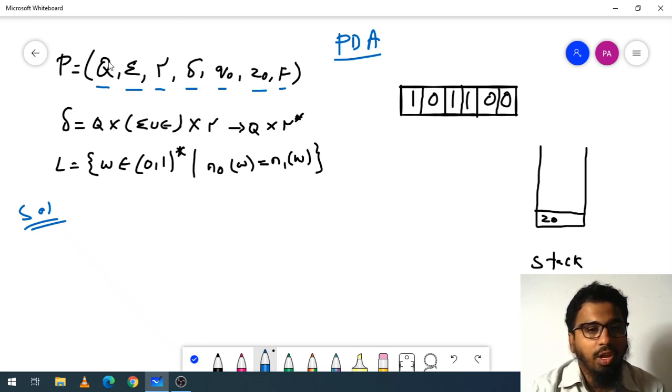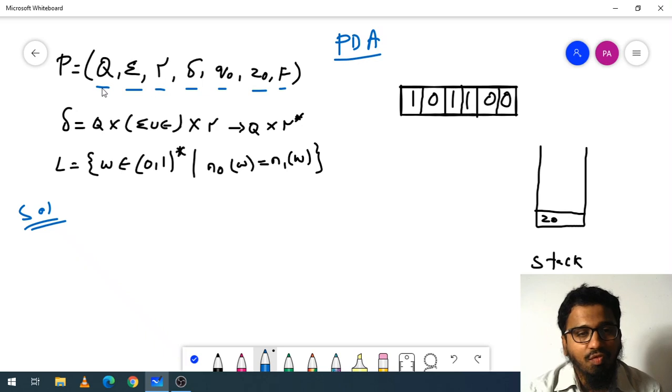Q is a finite number of states, sigma is a finite number of symbols, and tau is the stack.